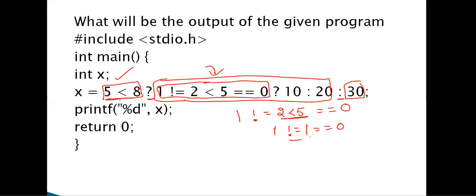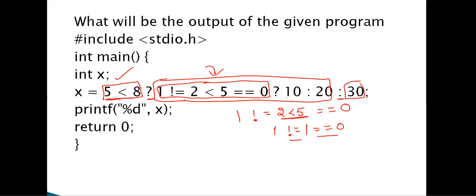Here, not equal to and double equal to both have the same precedence. If both have the same precedence, in that case we check the associativity, that is, whether we calculate from left to right or right to left. For the equality operators, the associativity is left to right.